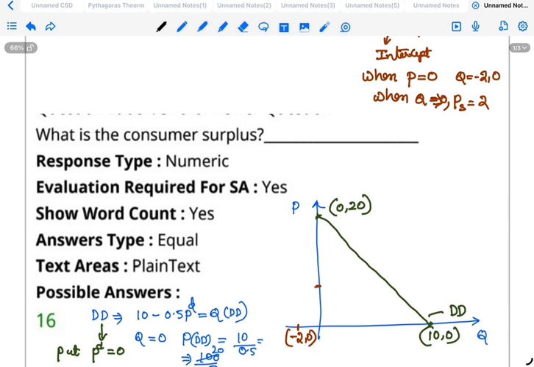This is PD, the price, and this is the QD demand function, and the supply curve is like this. The supply curve value is PS equals 2, that is 0 comma 2.